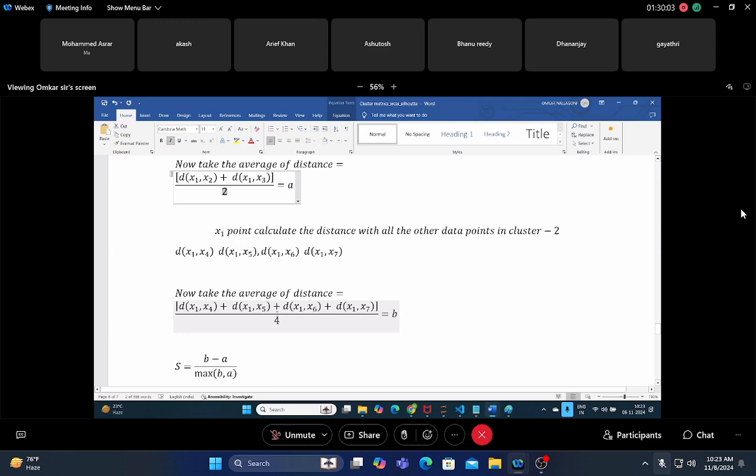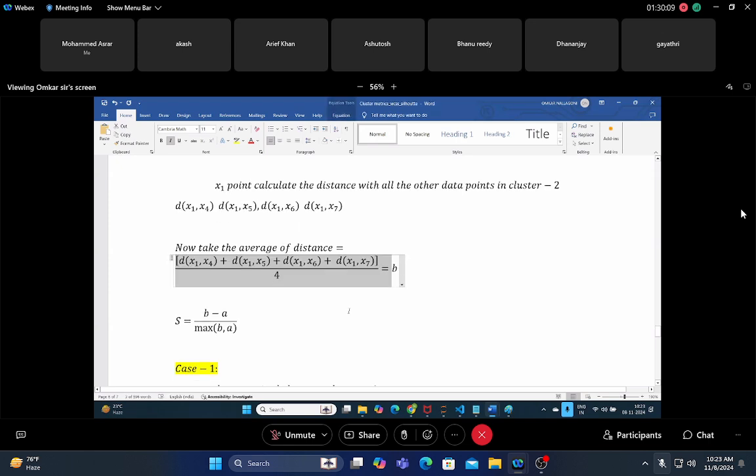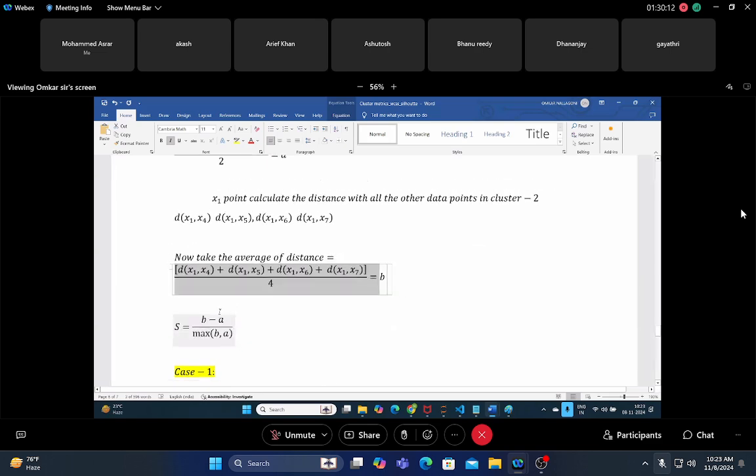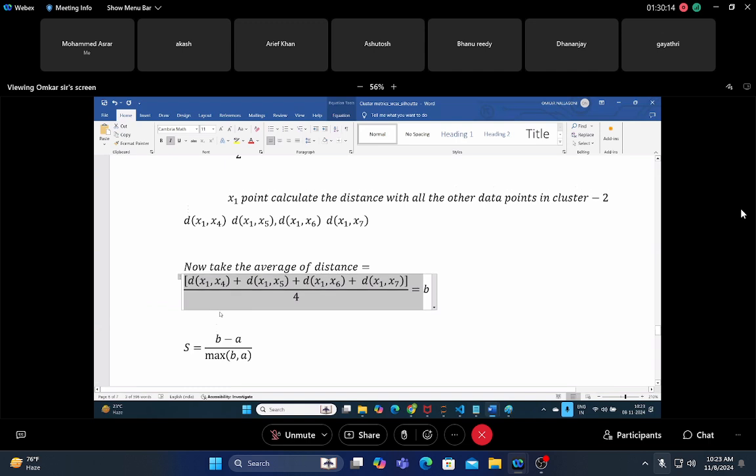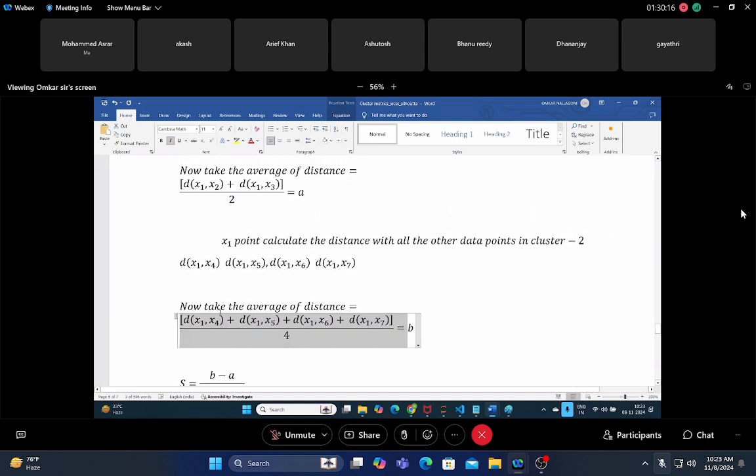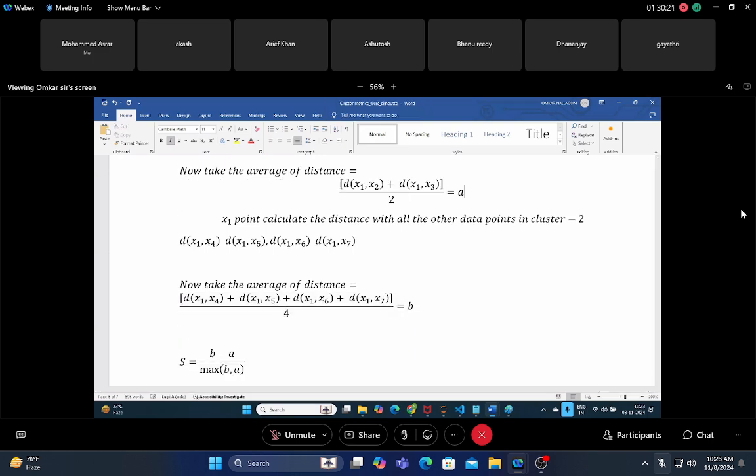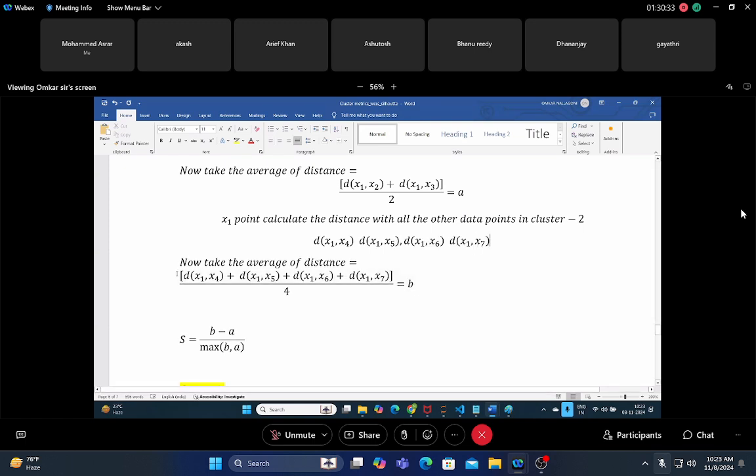Here 4 points are there, that's why we are dividing by 4. And this we call A, and this we call B. And what is the formula? B minus A divided by maximum of B comma A. Okay?